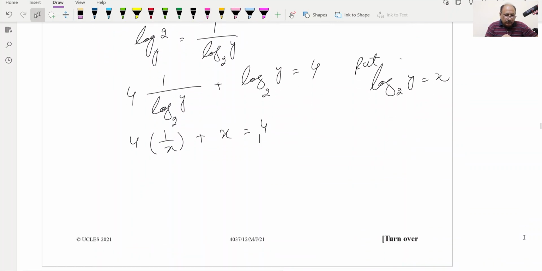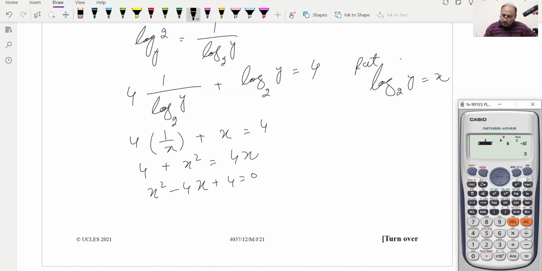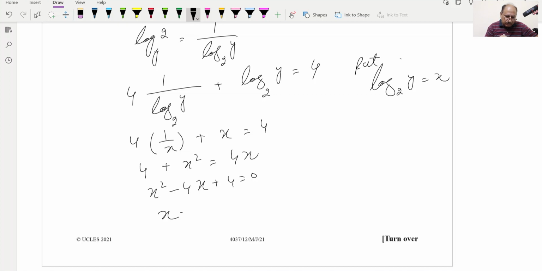If we multiply the whole equation by x, we will get 4 plus x squared is equal to 4x, and the quadratic equation will be x squared minus 4x plus 4 is equal to 0. We can solve the quadratic equation. Coefficient of x squared is 1, coefficient of x is minus 4, and constant is 4, and this will be equal to 2. So the answer is x is equal to 2.